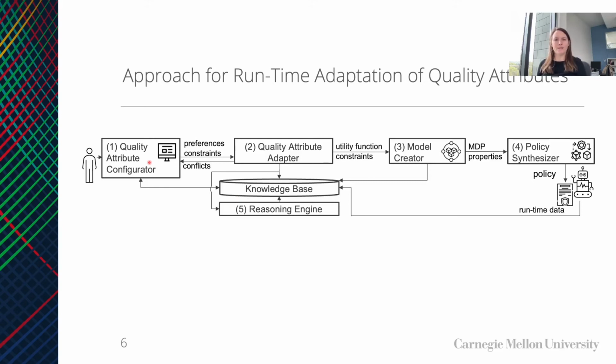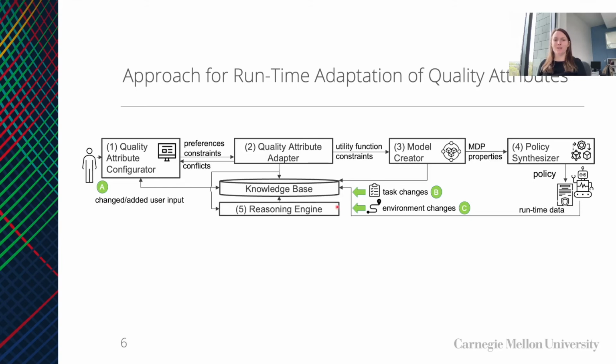There are several things here that might change at runtime and where changes would lead to new triggers of the quality attribute adapter and new needs to create models and synthesize policies. One example is that humans change or add input, new constraints, or change preferences.